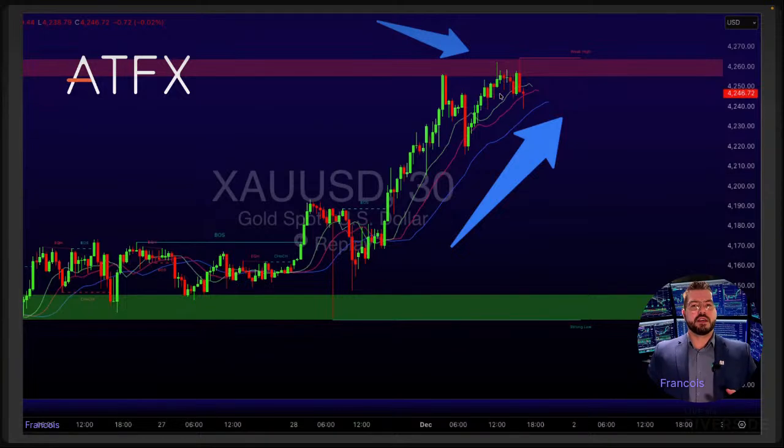Okay. So, in essence, the alligator is not telling you buy here or sell there. This is very important to remember. The alligator is not there to tell you this is where you buy and this is where you sell. All it's telling you is this market looks like it's trending, or this market looks like it's sleeping.